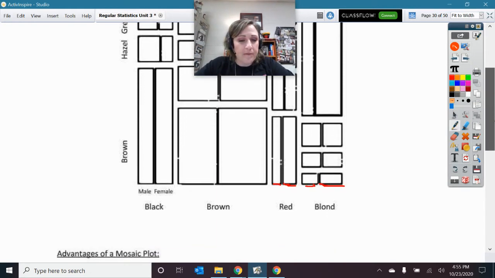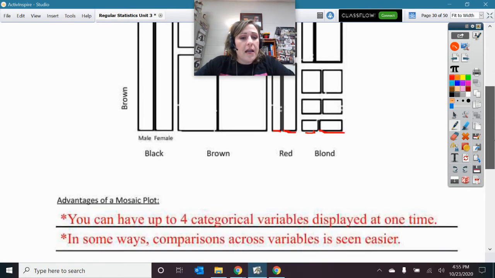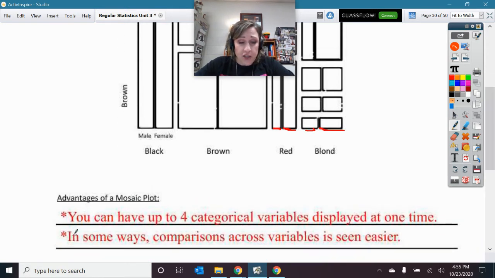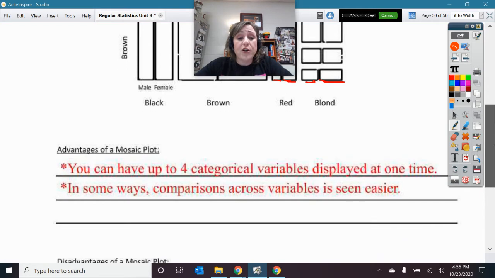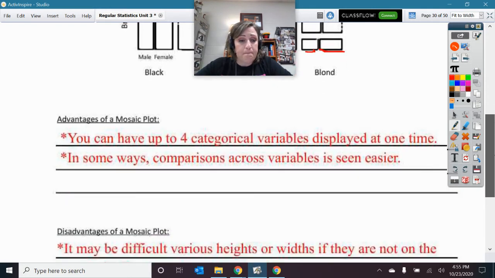Okay, moving on. Advantages of a mosaic plot: you can have up to 4 categorical variables. We could even do 4 at one time. In some ways, the comparisons can be seen easier. So that's a good thing about mosaic plots. But there are some disadvantages.